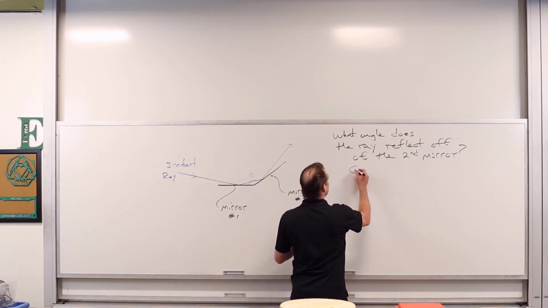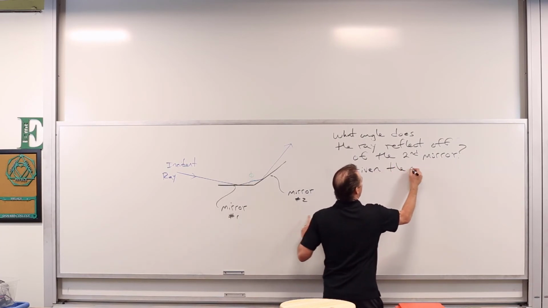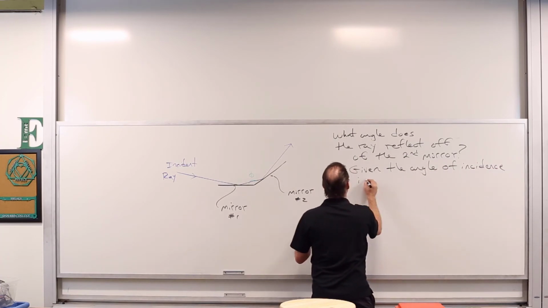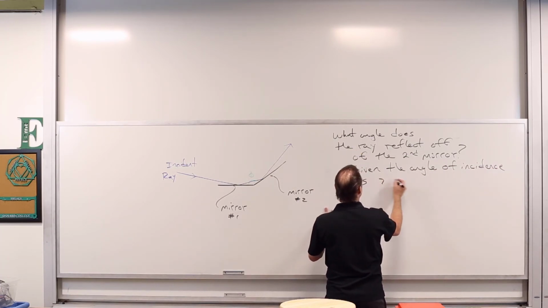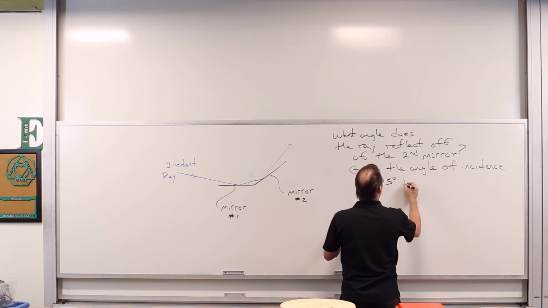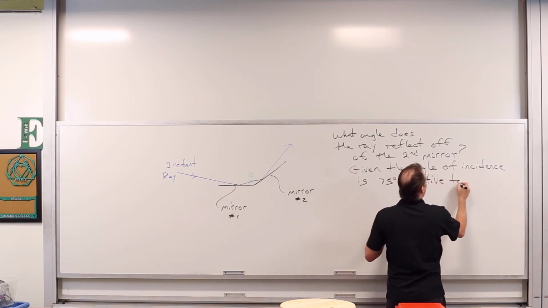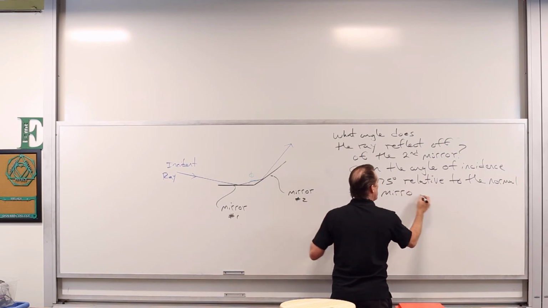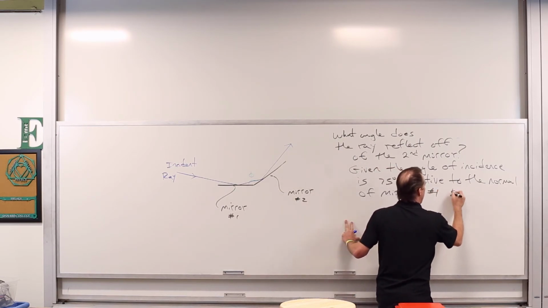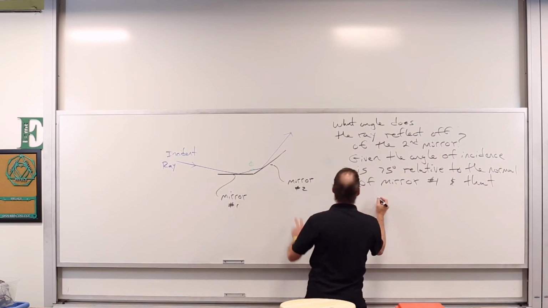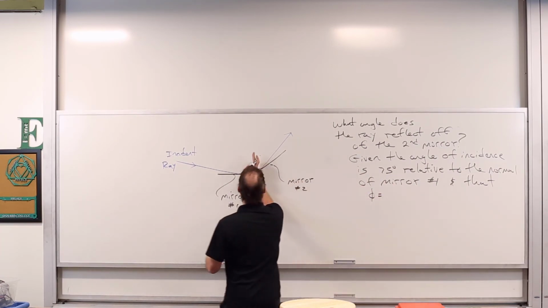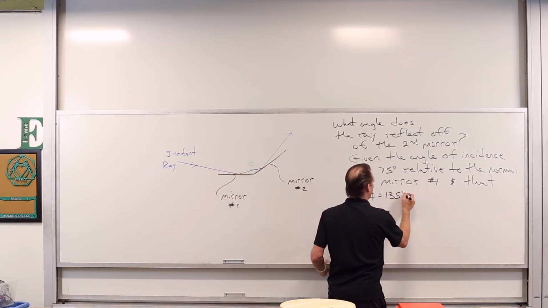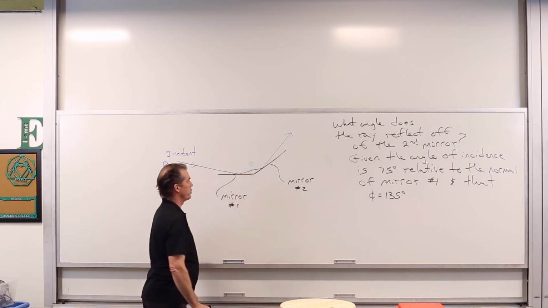So we say, given the angle of incidence is, let's just call that 75 degrees relative to the normal of mirror number one, and that our angle phi there, we'll say is 90, and we'll add another 45. Let's call this 135 degrees, the angular separation between these two mirrors.